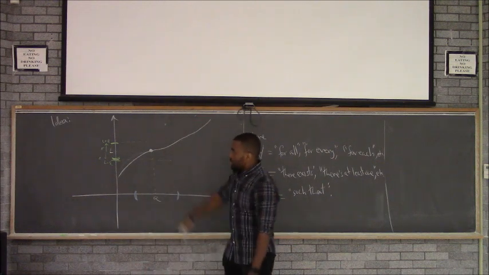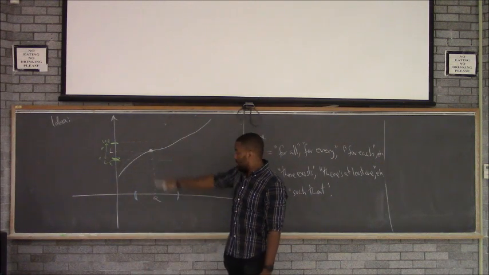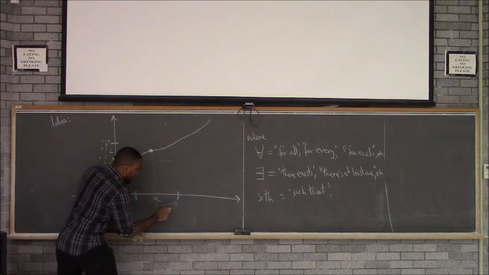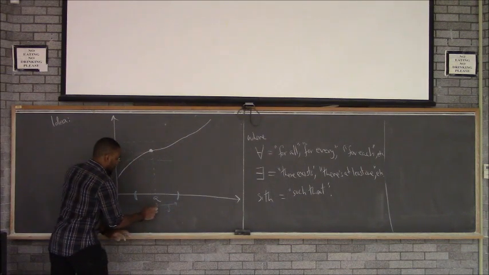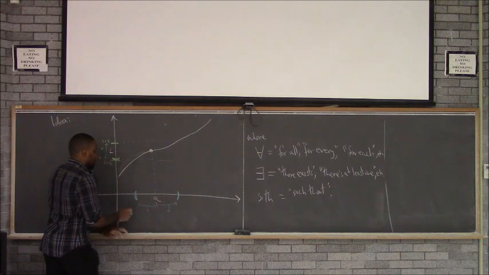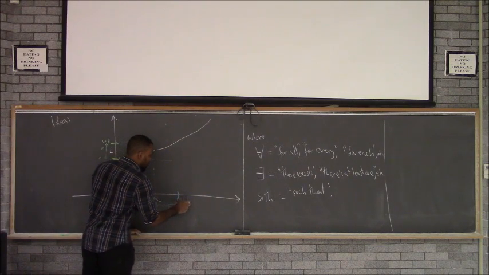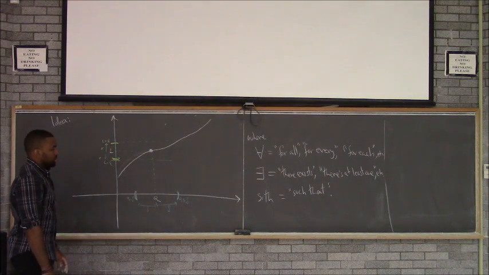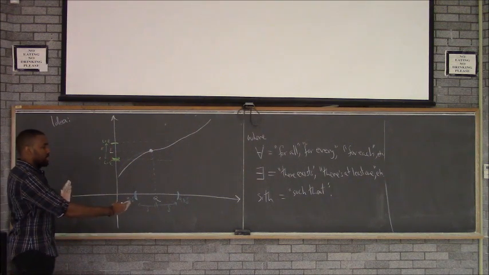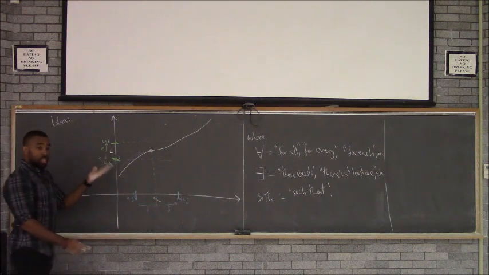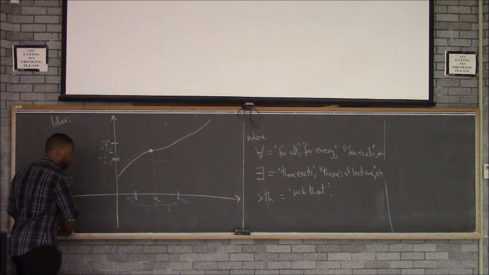Right? So someone is going to tell you the green, you are going to tell them the blue, right? So this distance here is a distance of delta, and that is a distance of delta. So this would be A minus delta, this would be A plus delta, right? So as long as your x value is that close, it's some x value inside of here, you will achieve what you actually desire, right?